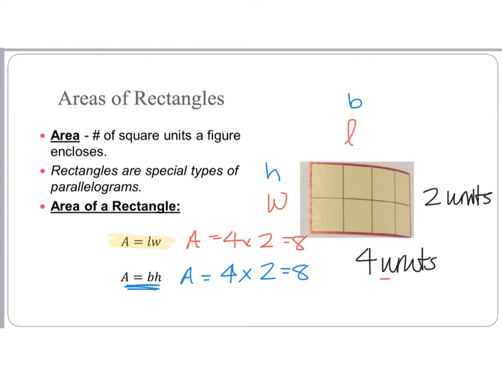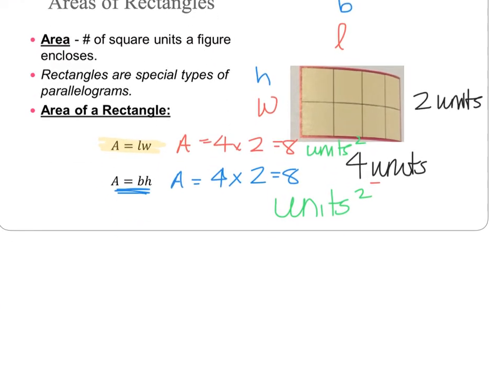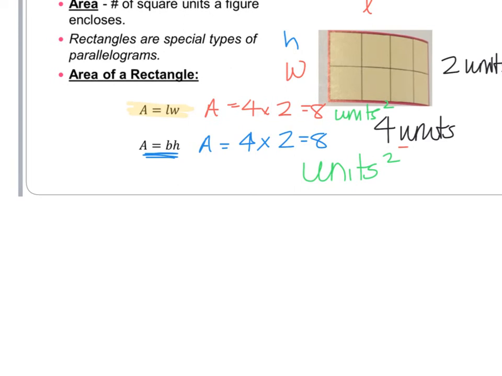Now the key thing that you have to remember on this, okay, is you have to include units. So anytime you are finding the area, your units are going to be units squared. Okay, and I'm going to write this down below. So units squared, or you could write it out as square units if you wanted to.